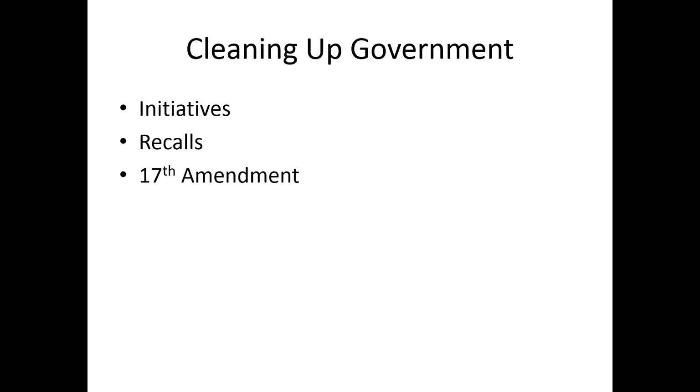The last example we'll talk about that comes to light at this time is the 17th Amendment. The 17th Amendment provided for the direct election of senators. Before the 17th Amendment, people only voted for their representatives.